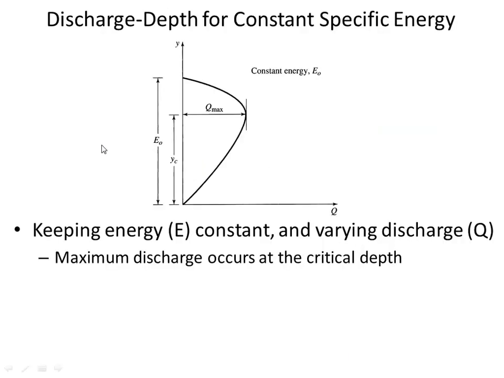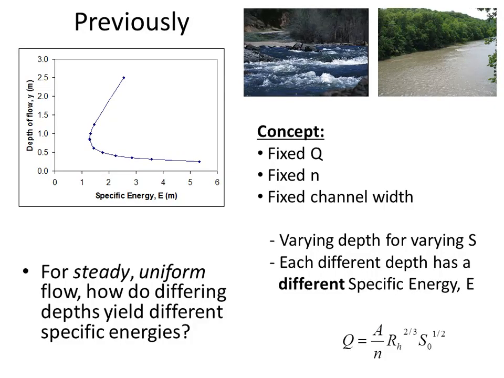I have a question about the specific energy equation. Sure. Is there a way for Excel or anything to put it in and solve for the minimum value by varying Y? Yes. Okay. So let's say we've got the specific energy equation, E equals Y plus Q squared over 2g A squared, for some rectangular channel with B width and Y depth. So your question is, can you find the minimum E by changing the Y value?